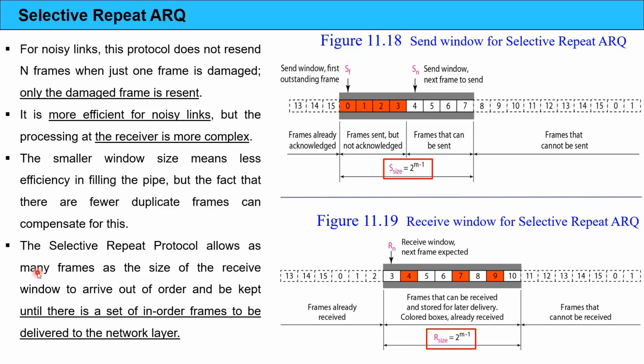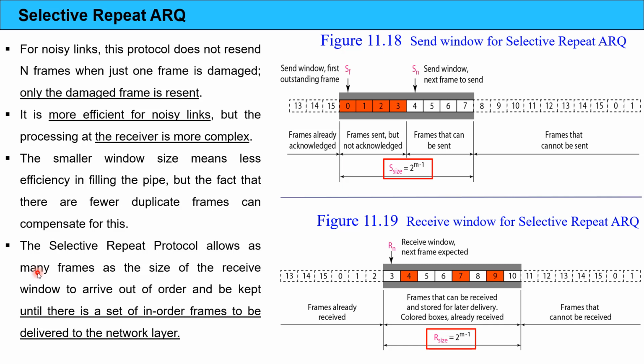Okay, these frames can't be received. If I receive any frame outside my window, I will discard it. I'm waiting only for the frames inside the window. Any frame outside the window, I will discard. Okay?